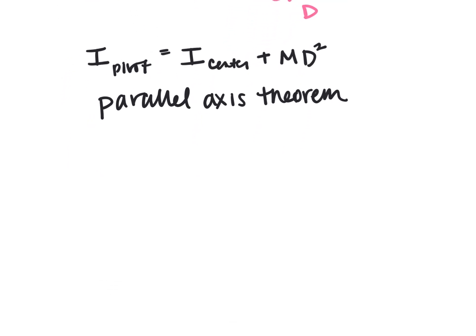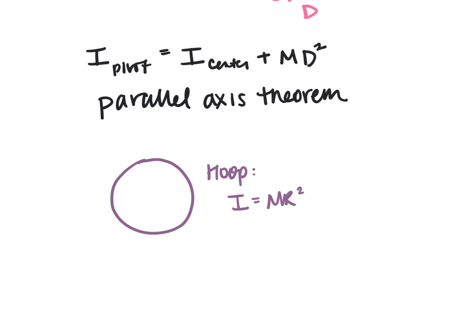So a hoop having a mass of m has a rotational inertia of m r squared about the center. If we move it to another position where we let it pivot about a point up here, that distance would be r.